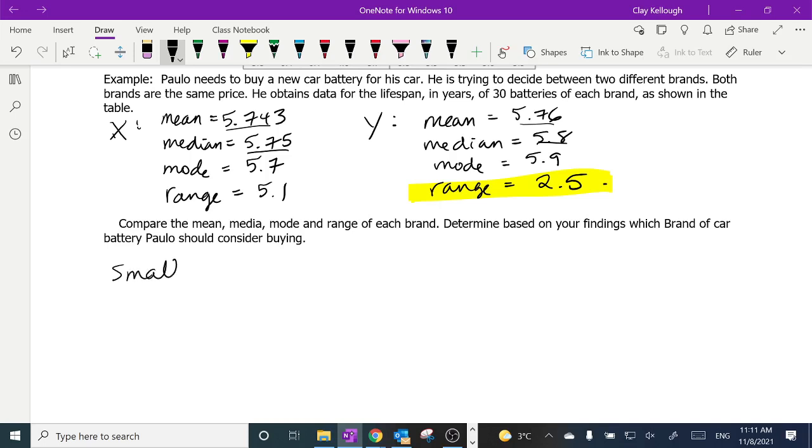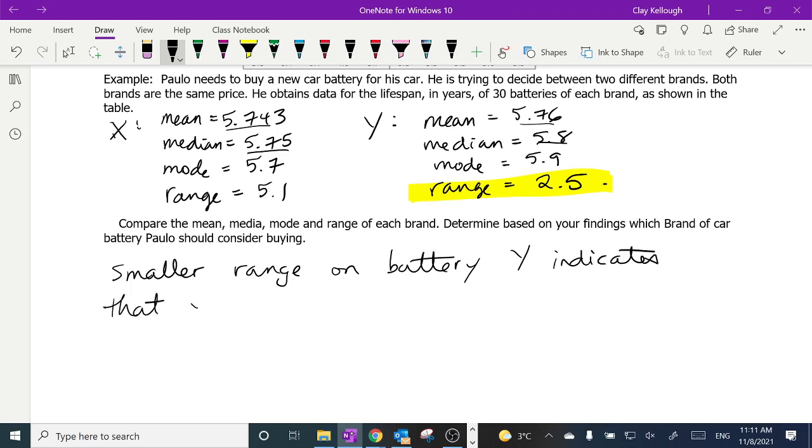So the smaller range on battery Y indicates that you are more likely to not get, okay, we're going to use a very technical term here, a dud.